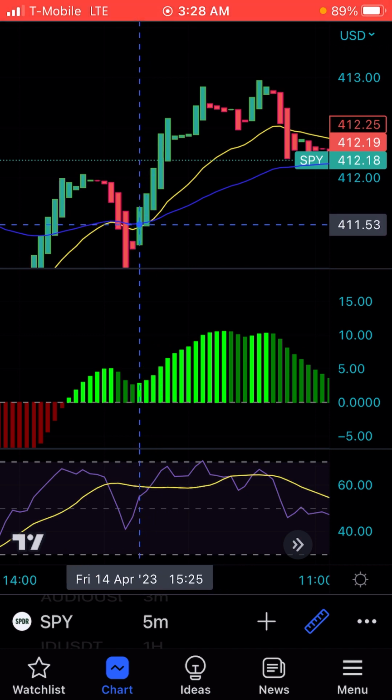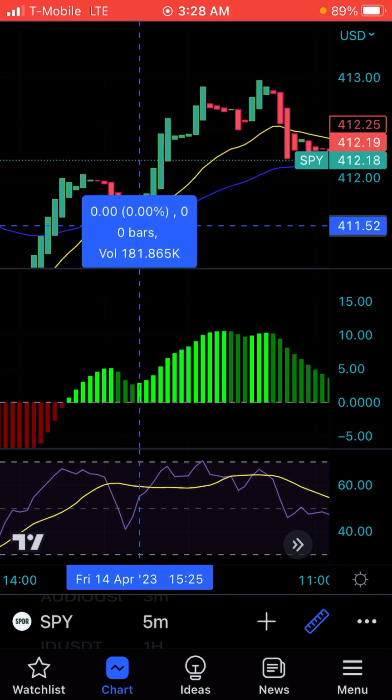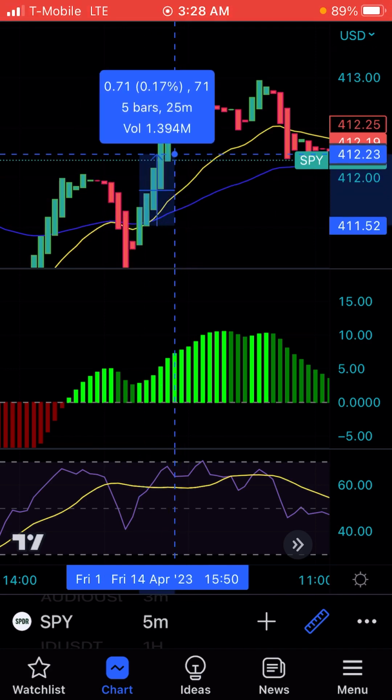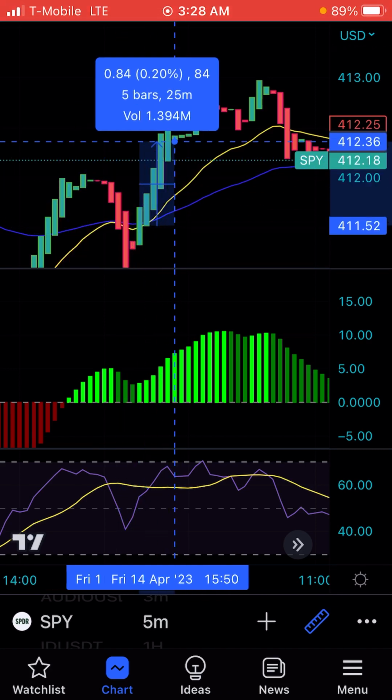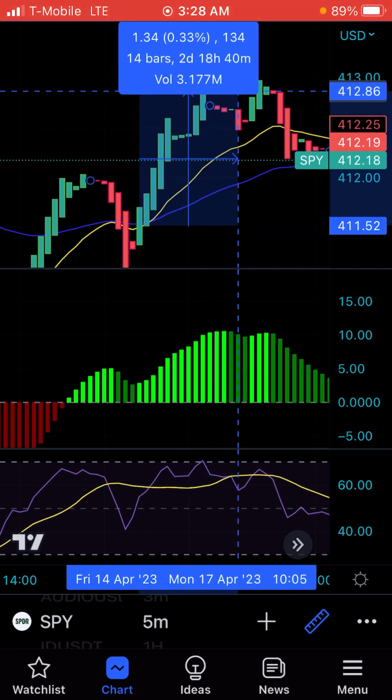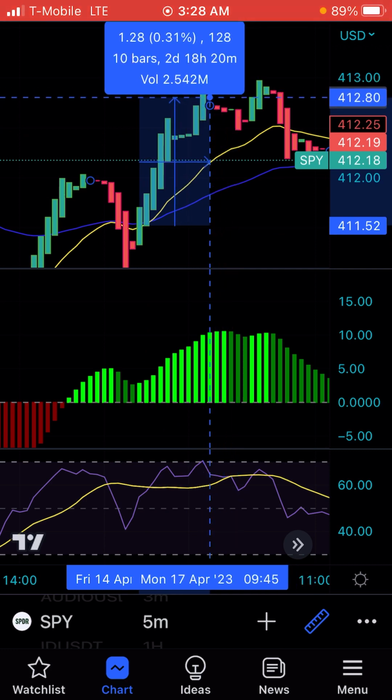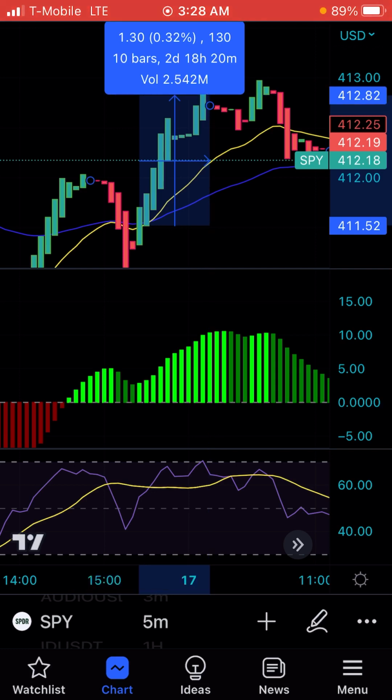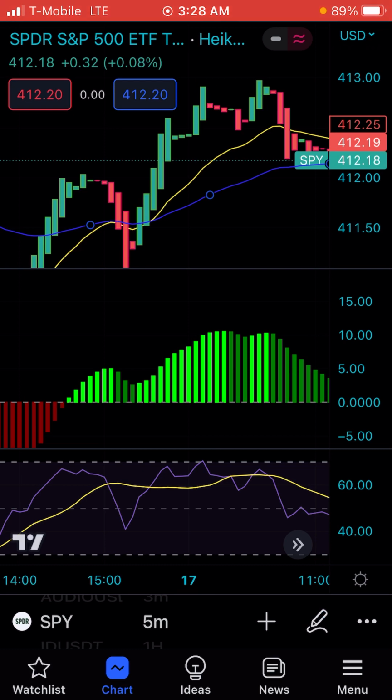We see it almost here on the EMA difference. So we cross here. This is a 411 call. Ride it out till it turns into a dark green, which is right about here. So this would be about $50 to $70 on S&P 500.